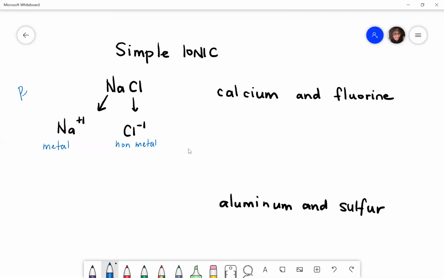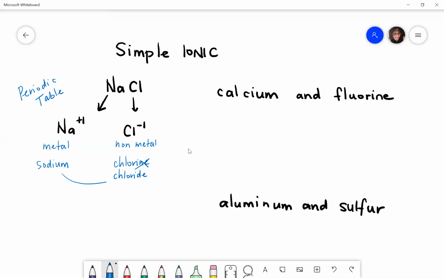Remember, always consult your periodic table for the information. The metal keeps its own name, so we just write down sodium. This is chlorine, but you will change the ending to chloride. So the name of this ionic compound is sodium chloride.